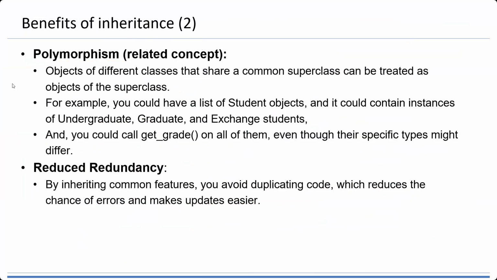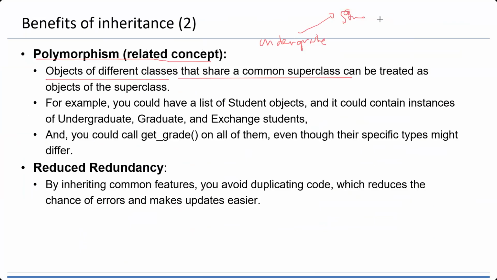And it refers to the polymorphism. It means objects of different classes that share a common superclass can be treated as objects of the superclass. So if it is the undergraduate object, they can get any properties from the student class.